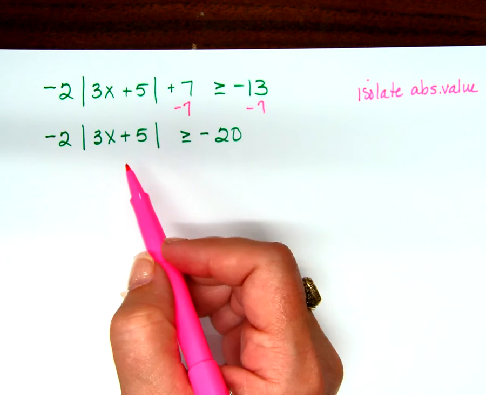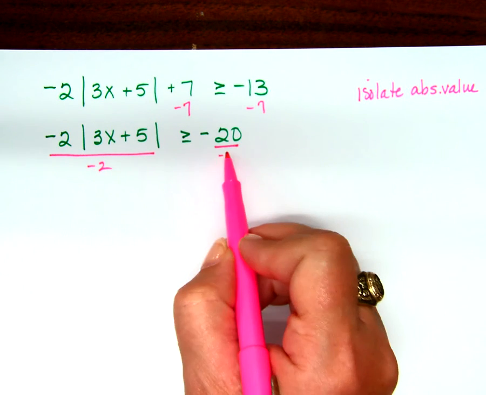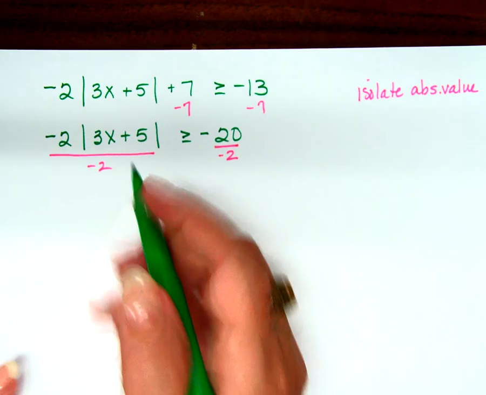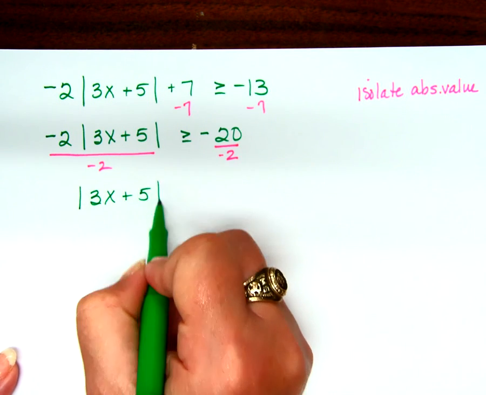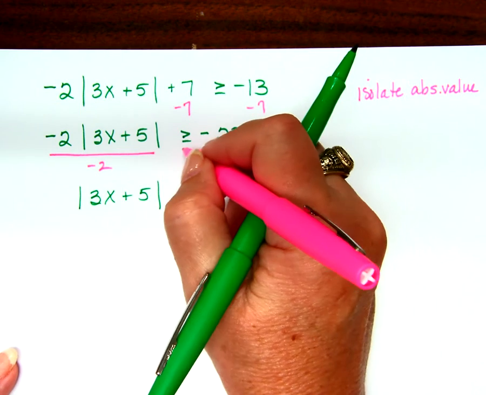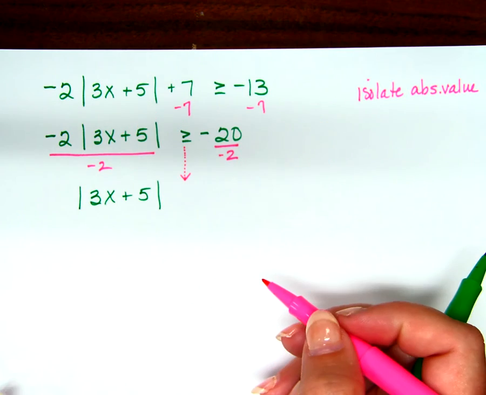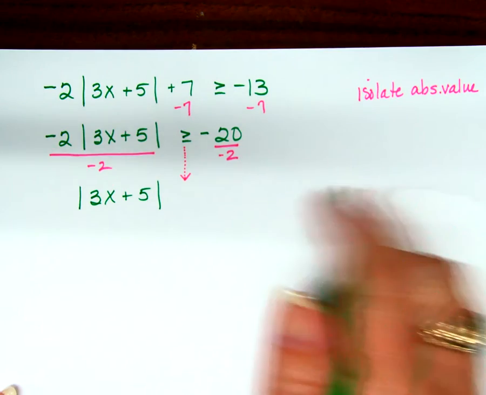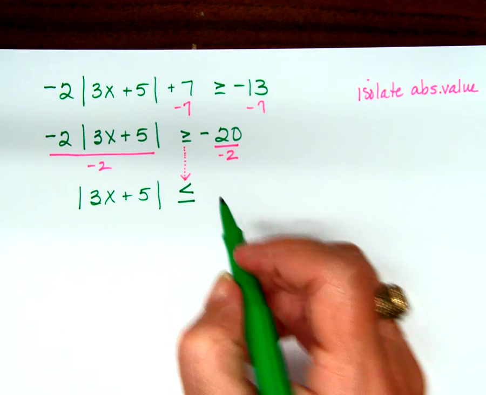Is it isolated yet? Not yet. So divide both sides by negative 2. Remembering, of course, that since we're doing inequalities, when I divide by a negative, I'm going to flip that inequality sign to be a less than or equal to 10.